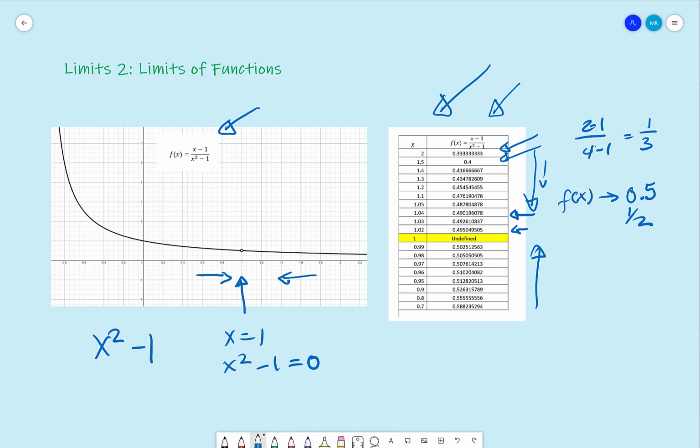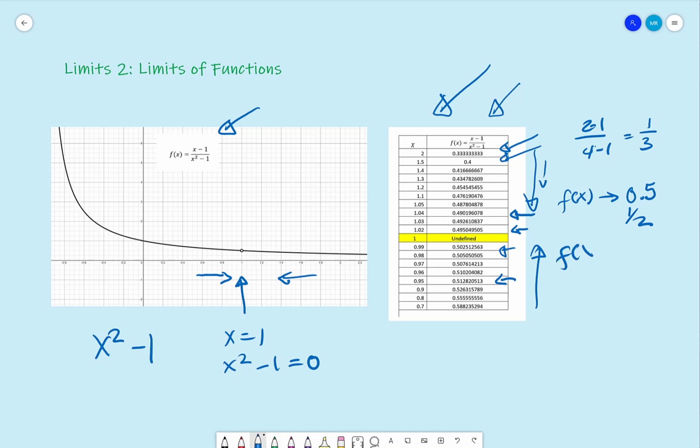What happens if we look at lower x's? Well, at 0.7, we have 0.58, then 0.55, 0.52, 0.51, 0.507. We finally get very close to 0.5 from below as well.